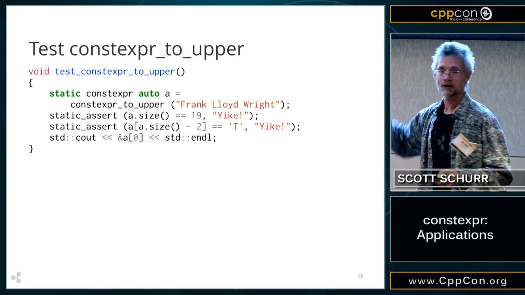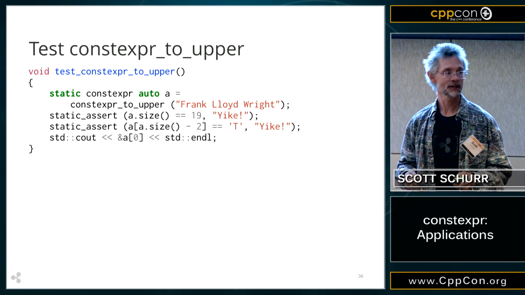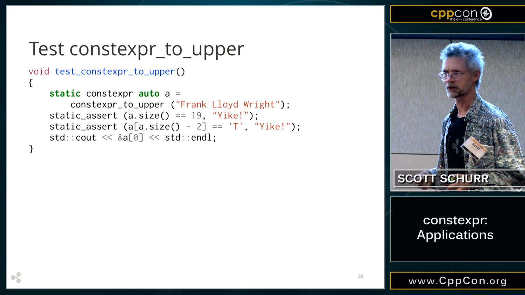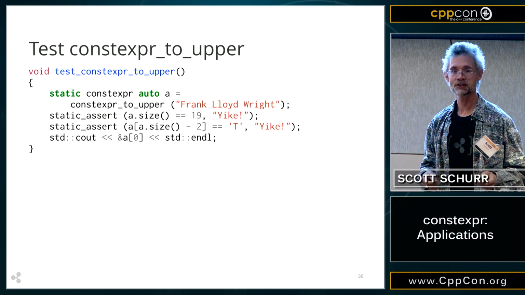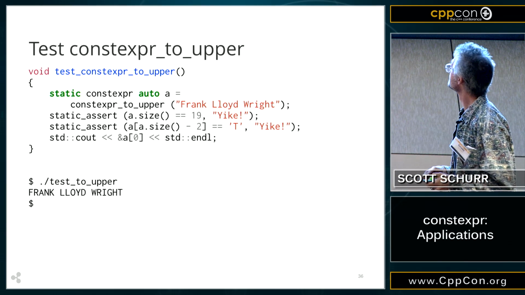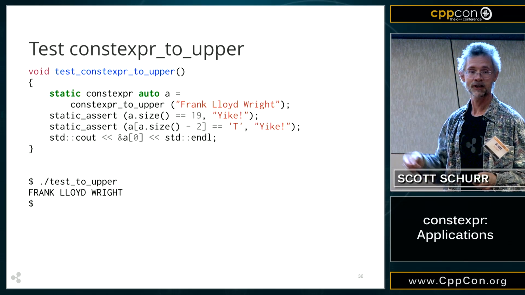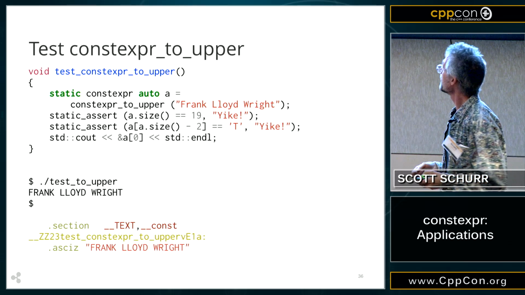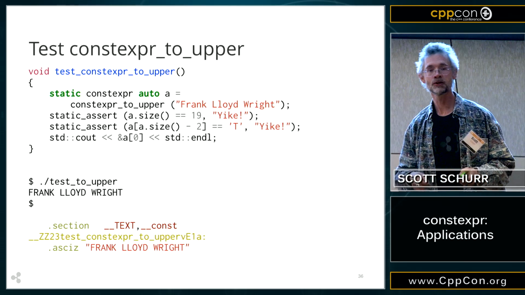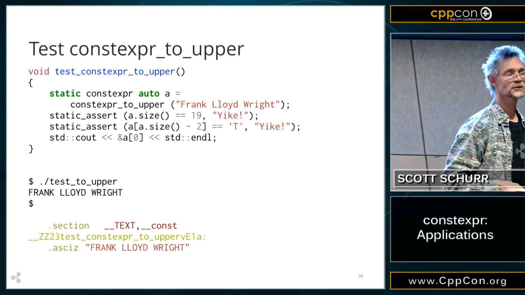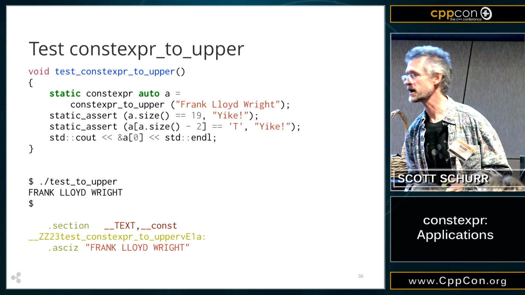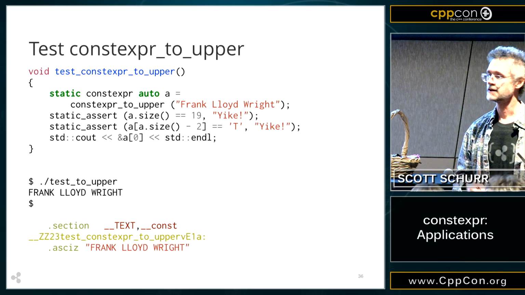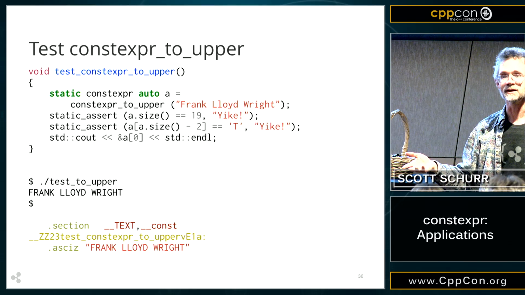So here I've got one of my favorite architects because we're talking about buildings, sort of. Can we convert that to uppercase? So it's going to print uppercase. And the thing I think is magic is if you go dig into the assembly language that's produced, there is no mixed case Frank Lloyd Wright, at least what Clang produced for me.